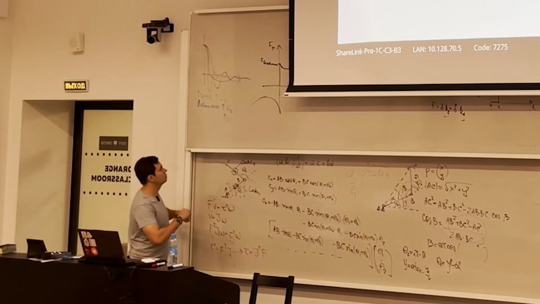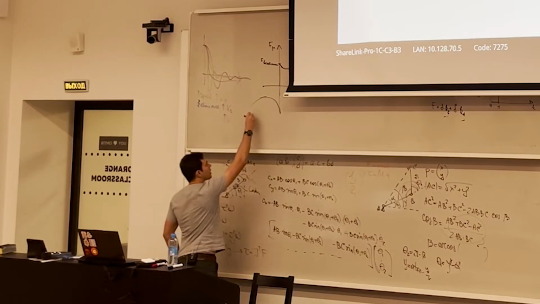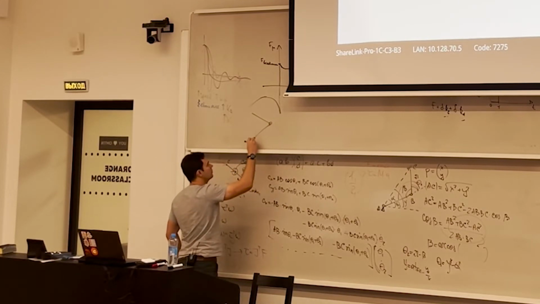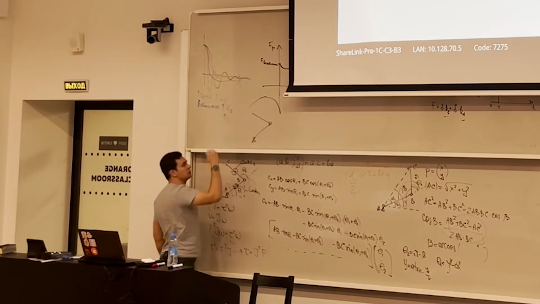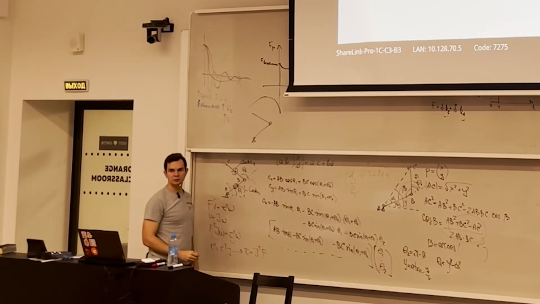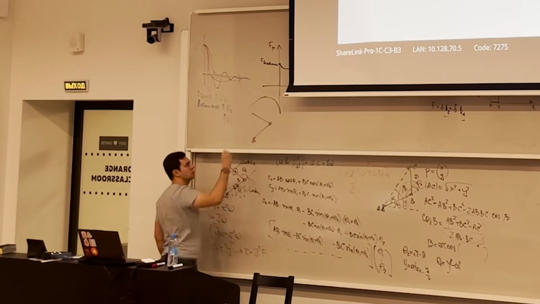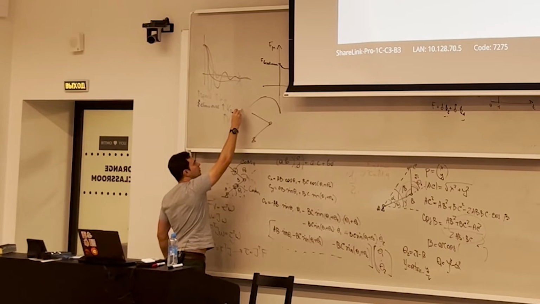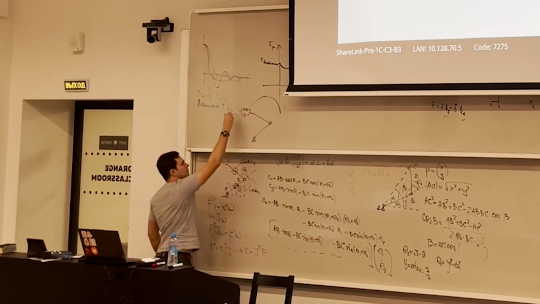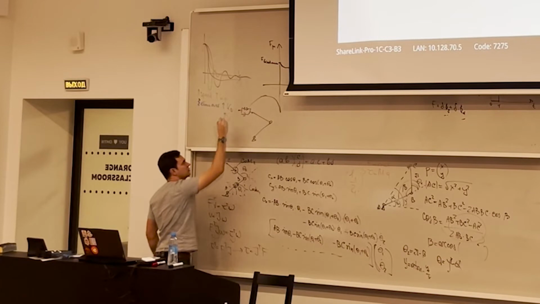I will create a new drawing. So we have a robot, and assume that we want to go right here. It is the desired position. This is the actual position of the end effector. And we can think like we have a virtual spring and virtual damper that attach our end effector right here.